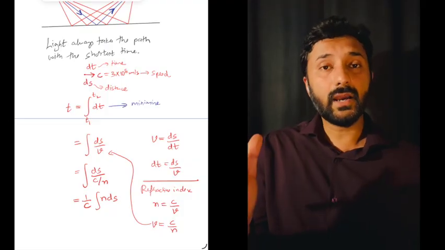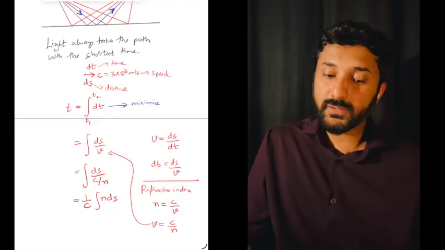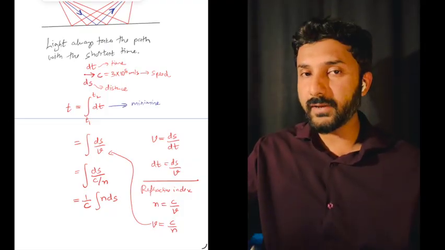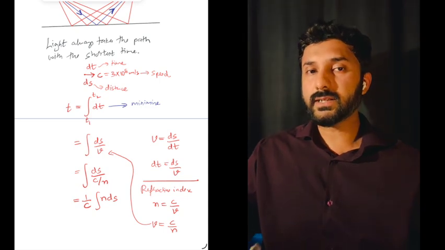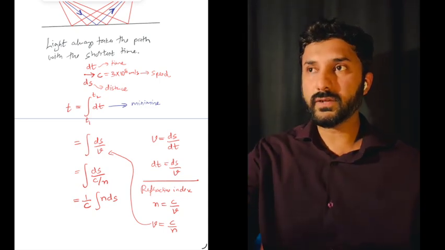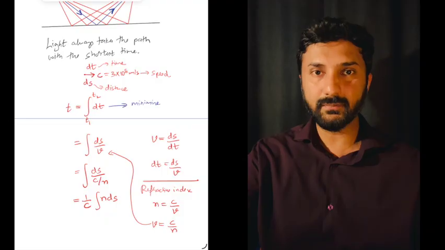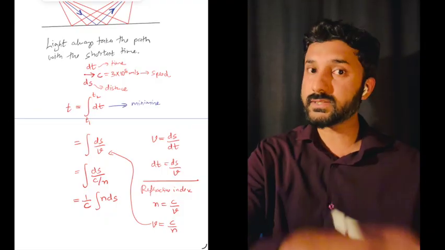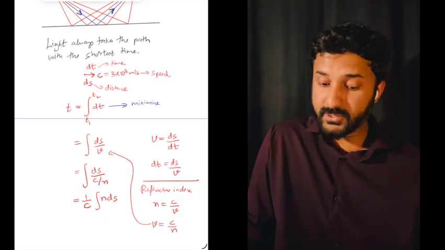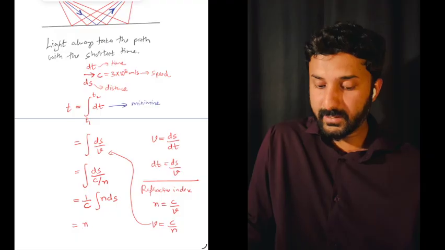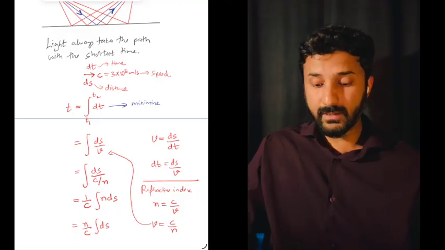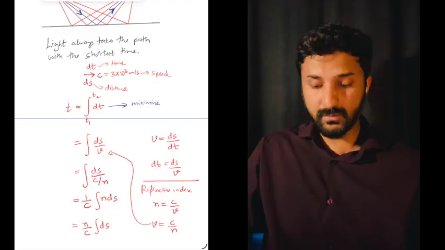But then n is also constant here, right? We are discussing reflection here, which means that light is moving through a medium, hitting the mirror, and after reflection it's still traveling through the same medium. So n is not really changing here. So n is a constant, and therefore need not be integrated, and we can keep it out.